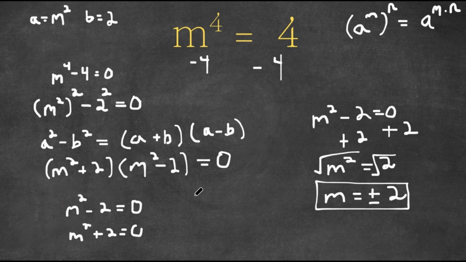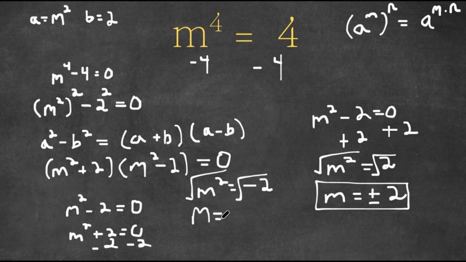Now let's go ahead and do m squared plus 2. If I subtract 2 on both sides, I get m squared equals negative 2. Now if I take the square root on both sides, I get m is equal to the square root of negative 2.